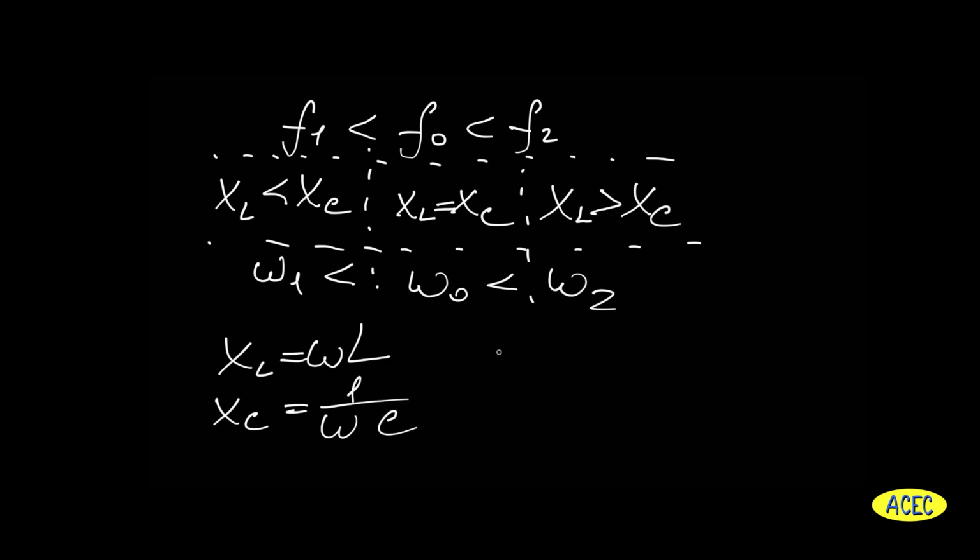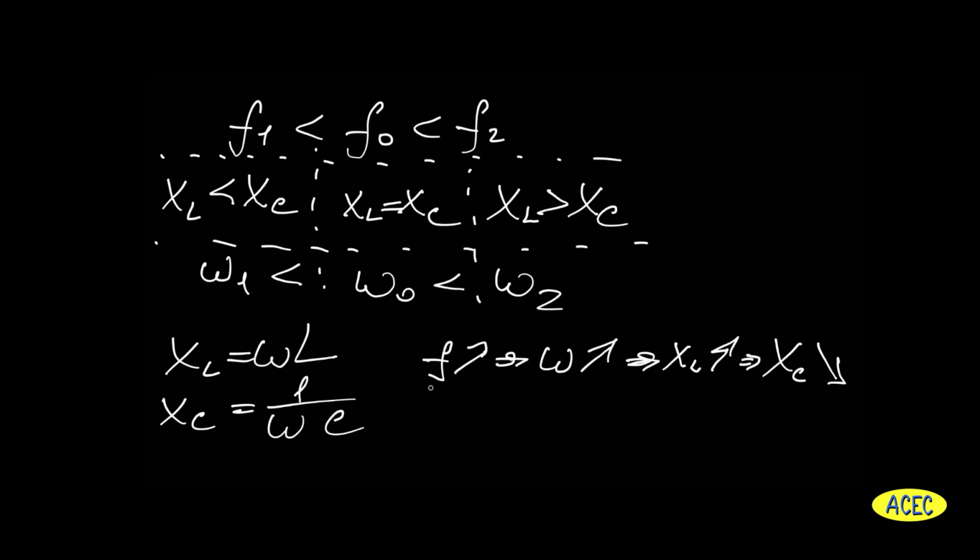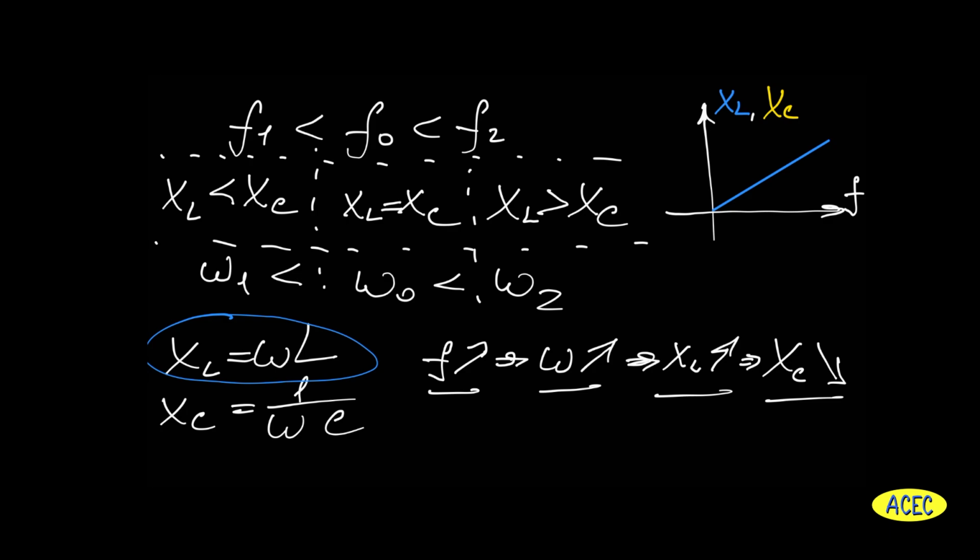Thus we have, when frequency is increased, the circular frequency is increased too. And inductive reactance is increased, but capacitor reactance is decreased. And if we build two graphics of two reactive resistances, means two reactances, on one plot from 0 to infinity value of frequency f, we will have the following situation.